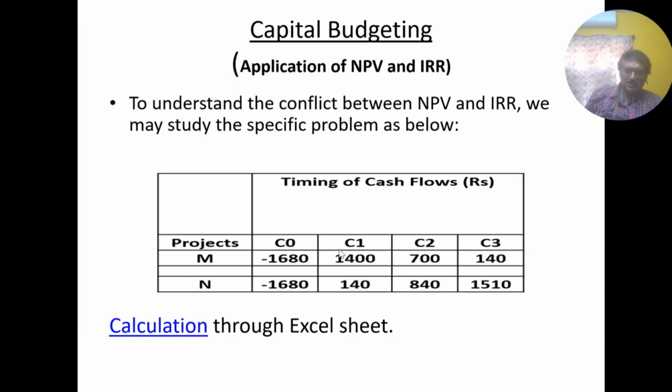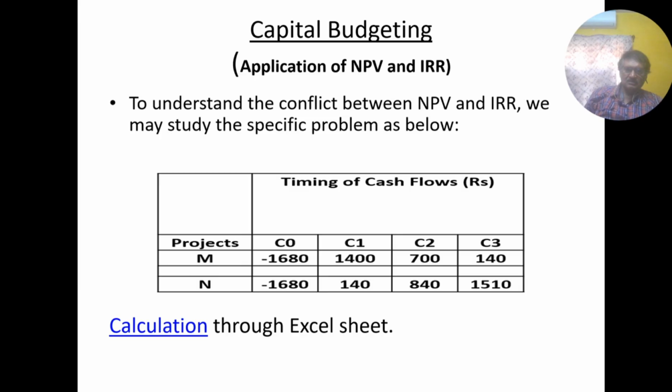For project M, the initial year inflow is more and it is decreasing, but for project N, the first year cash flow is the lowest and then it is increasing. After third year 1510 is the highest one, the reverse order. Now I am going to show you the calculation, then we will interpret and then we will take the decision.